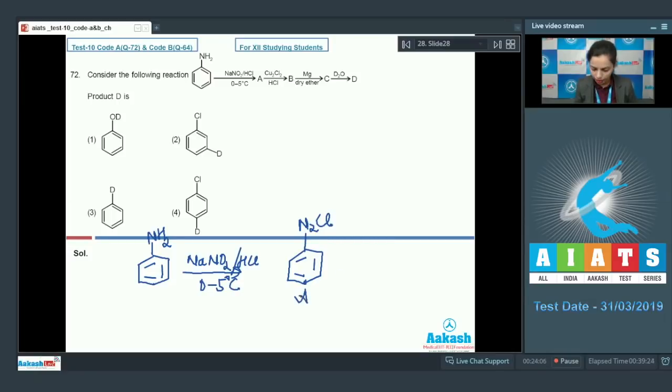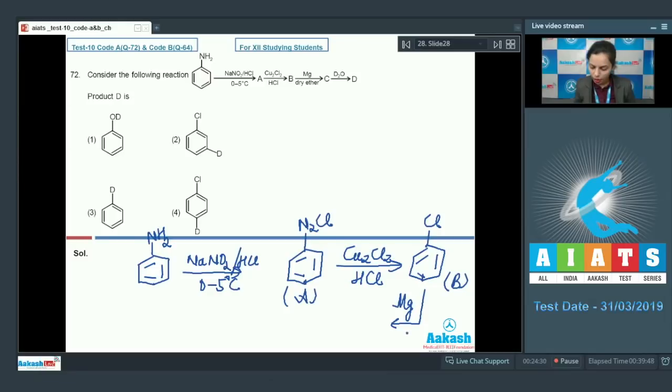Now this is A. This A is treated with Cu2Cl2 in the presence of HCl. So definitely chlorobenzene is formed. Now this chlorobenzene, this is B here, and it is treated with Mg in the presence of dry ether.